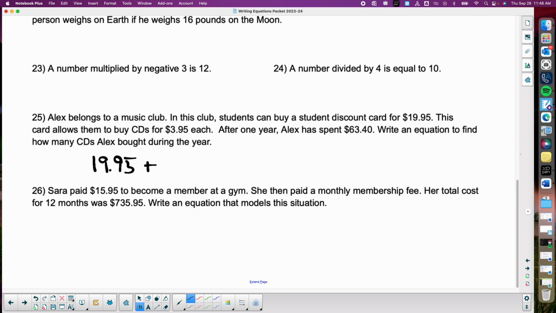But then, on top of being a member, he bought a bunch of CDs. So this is the membership. Now we're gonna put down how much they spent on CDs. And the word each is gonna signify multiply.